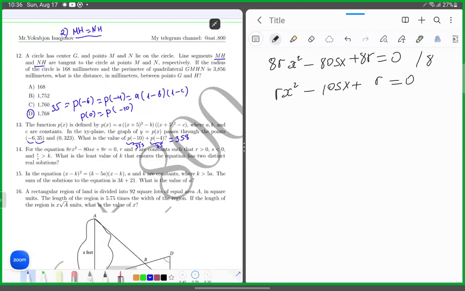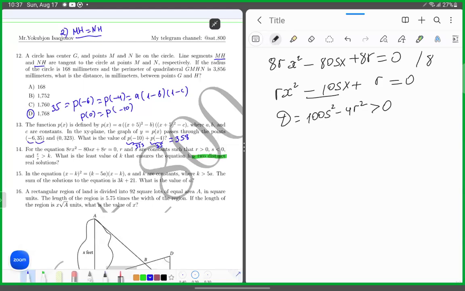Now what else can I do? Two distinct real solutions means the discriminant is greater than 0. The discriminant is the square of this number, 100s squared minus 4r squared, greater than 0.